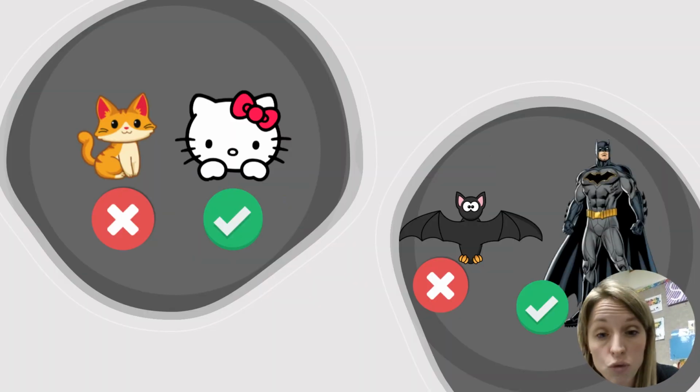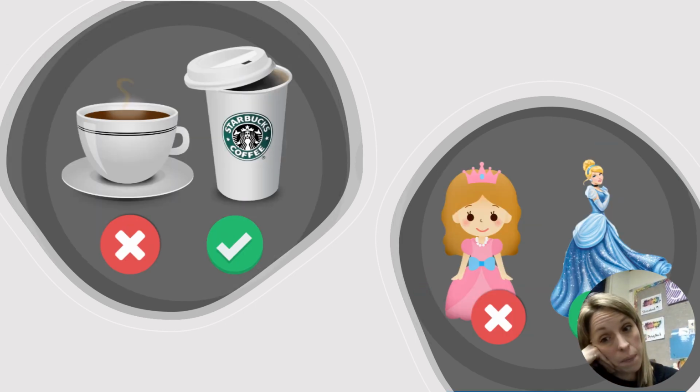Okay, cute random kitty, not pop culture. A specific kitty like Hello Kitty is. Random bat, not pop culture, not specific. Spider-Man, Batman is specific, okay? Okay, a random cup of coffee is not pop culture.